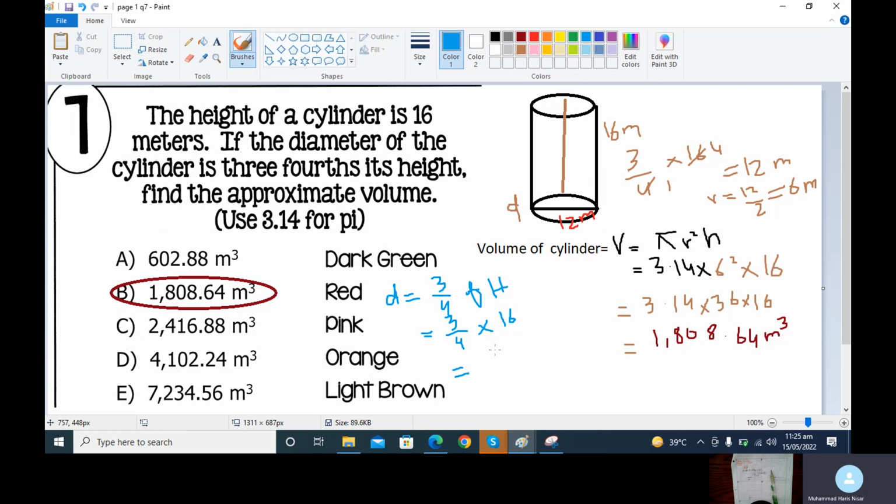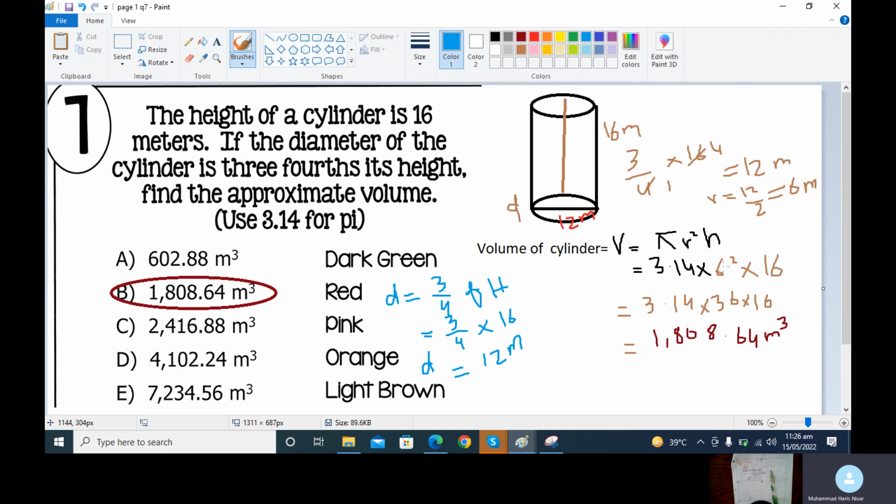Just simplify it and tell me the answer. 3/4 times 16. 3 divided by 4 times 16 is 12. So the diameter is equal to 12 meters, isn't it? Yes, that's what I have written here.